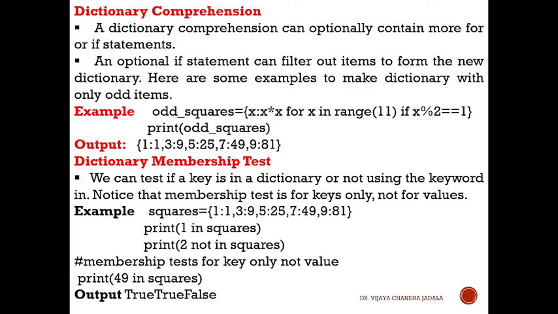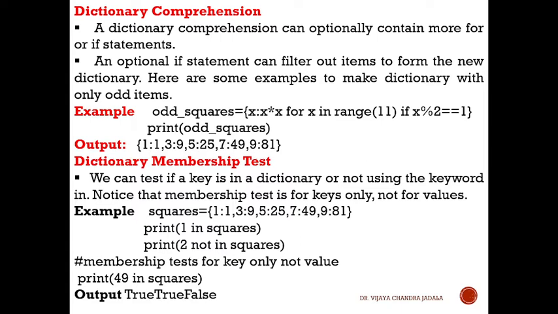So the example is given here. So the odd items should be identified. The range of x is up to 11. If x modulus 2 equal to 1, then only those are odd items. That means if we divide x by 2 and get the remainder 1, then only for that value the square will be printed as an output.